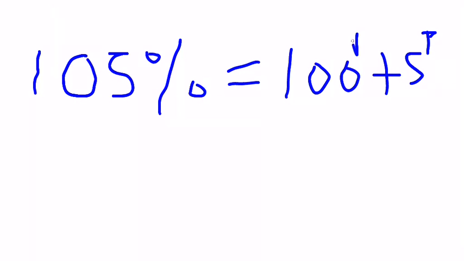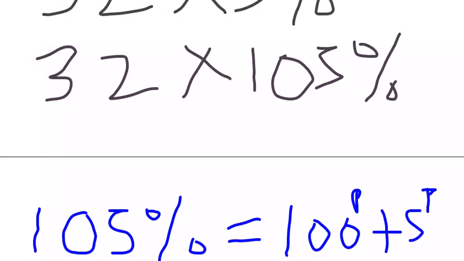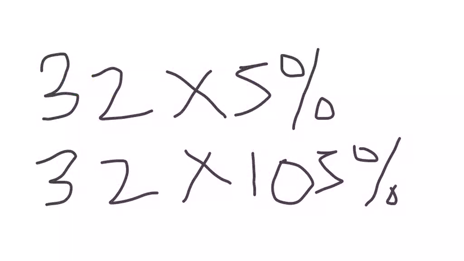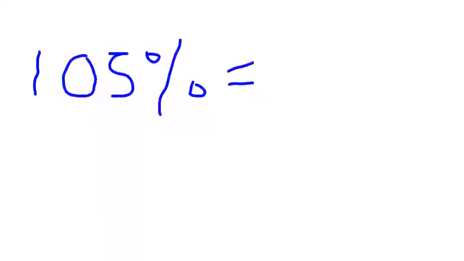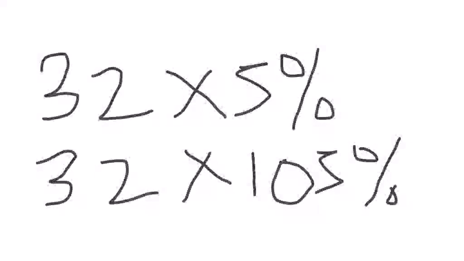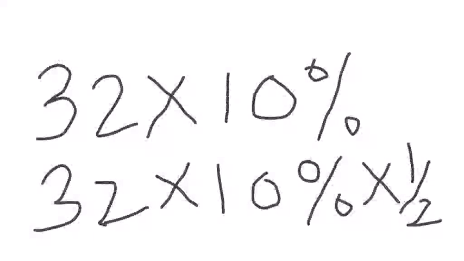And then you would just multiply 32 by 5%, which you have already calculated. So in your mind you would just say, 32 multiplied by 10% is 3.2. Half of that is 1.6, meaning 5% of 32 is 1.6.